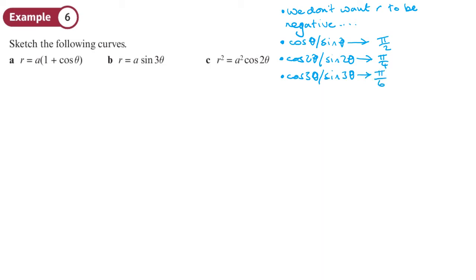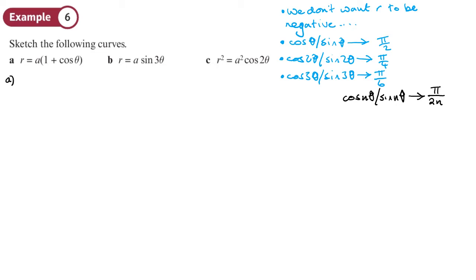So for whatever number you have there, that will determine how much you want to go up in. We could generalize that and say if you're plotting cos n theta or sine n theta, then we want to go up in pi over 2n. That's what we want to go up in our table.